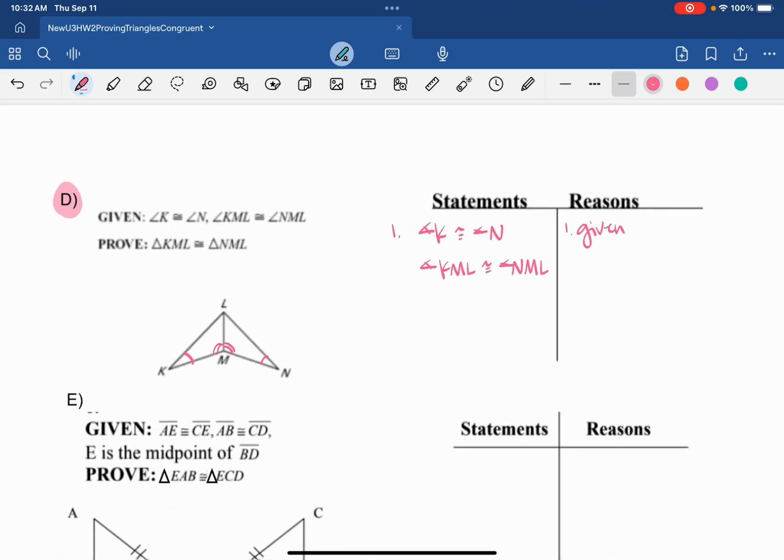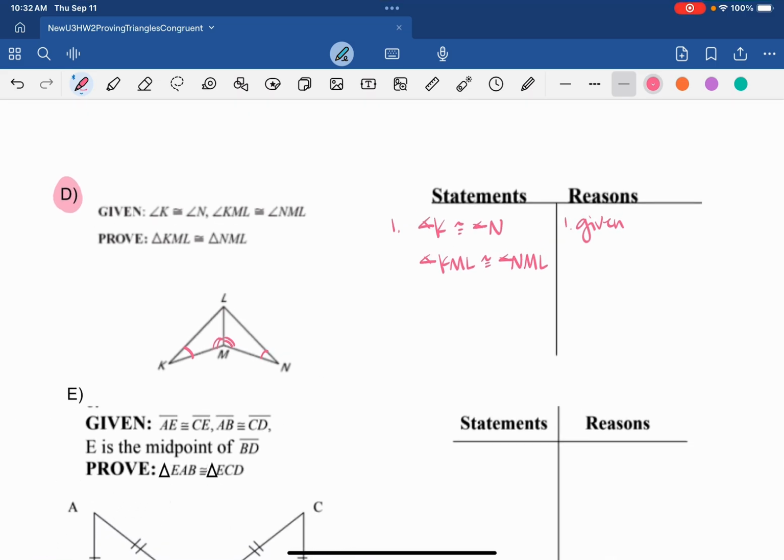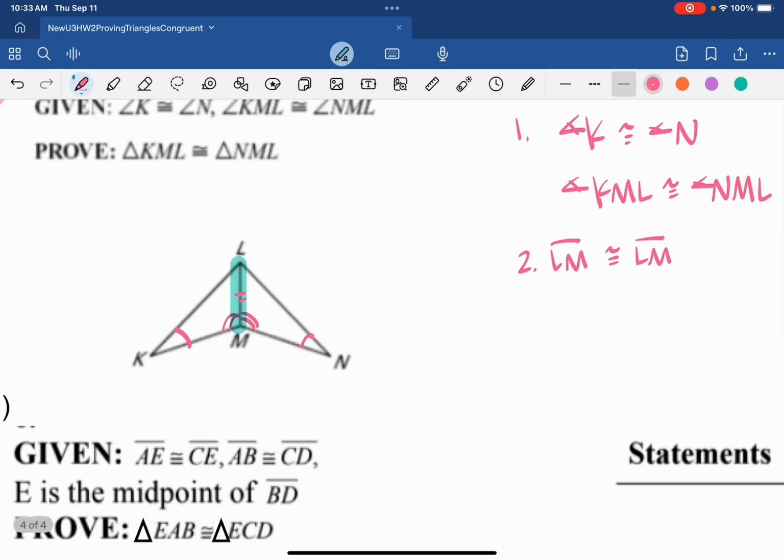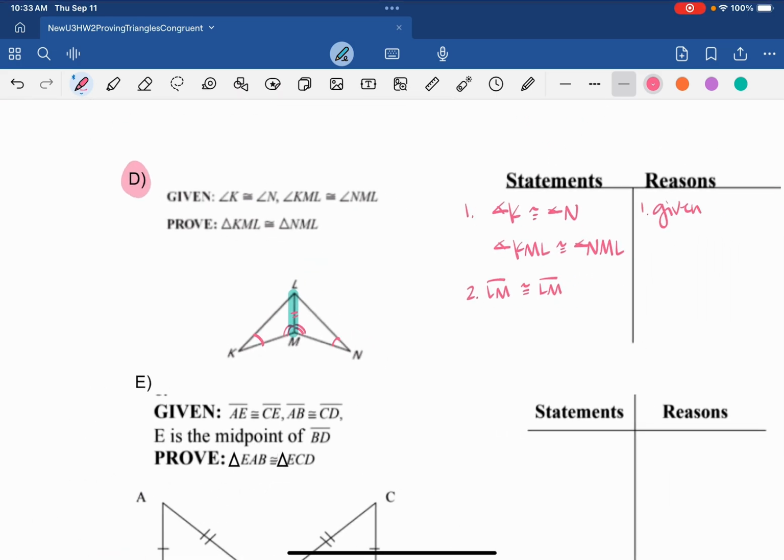Here's where we want to look at those legal things that we can mark. We do not have vertical angles, but we do have this reflexive side right here in the middle. So I can mark that congruent to itself, and whenever we mark that congruent, we have to write it in our proof. LM is congruent to LM. That's my reflexive property of congruence. And then from there, I have everything marked that I need.